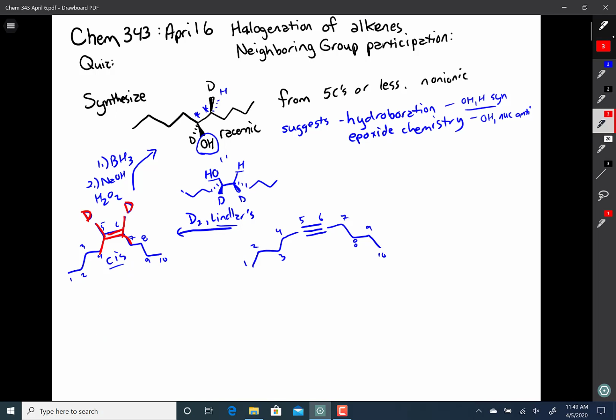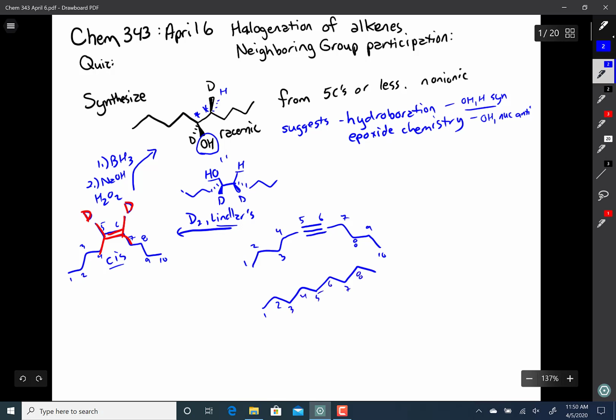And that has to do with the hybridization of the carbons. Another mistake that people often make is they drew their carbon chain like so. And then they just drew in their alkyne. Again, this is incorrect.